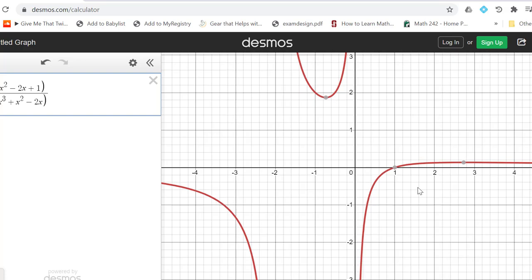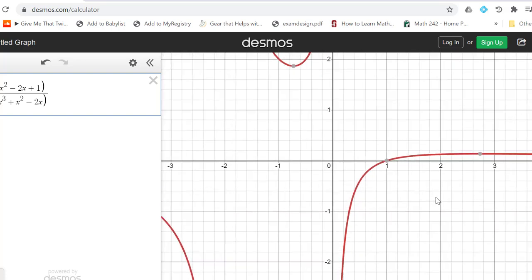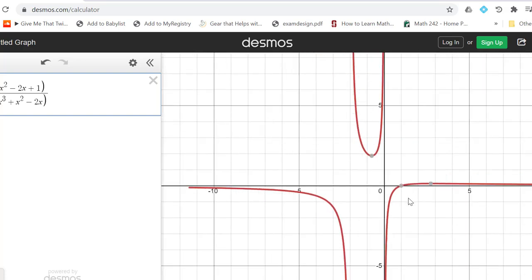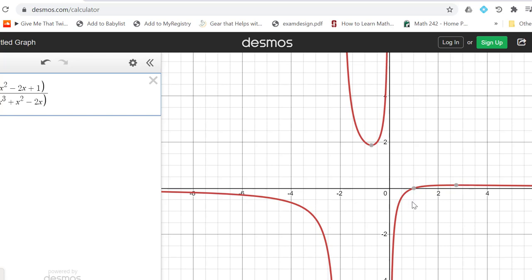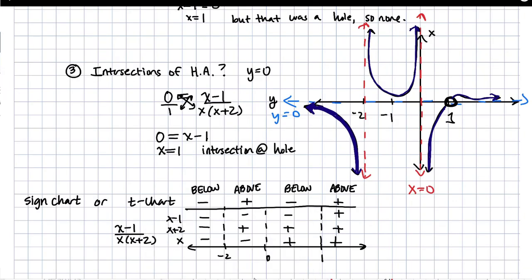But if you know what to look for and pair that with your knowledge, you can tell that we did the right graph. So if we switch back to our sketch compared to this, we have the right thing. Okay, see? Great.